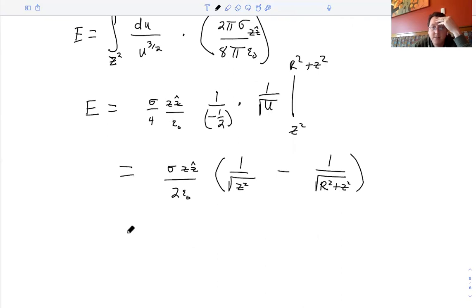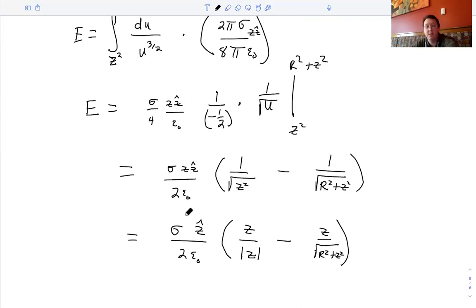So this is sigma z hat over 2 epsilon naught times z over magnitude z minus z over square root of r squared plus z squared.